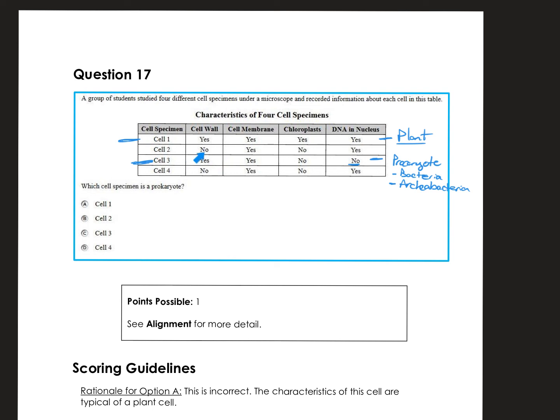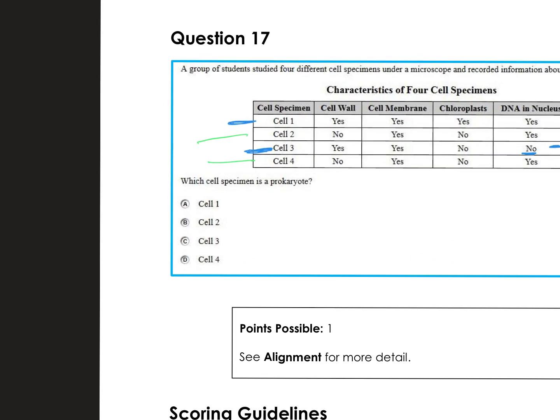So what doesn't have a cell wall: cell membrane, no chloroplast, DNA's in the nucleus. Well, that could be a lot of things. There are many possibilities here, but let's think about what they could be. They could be animal. They could be fungi.